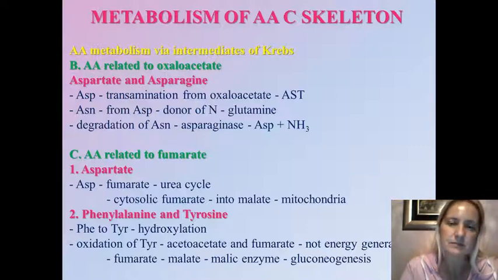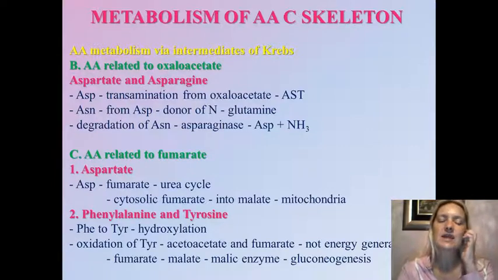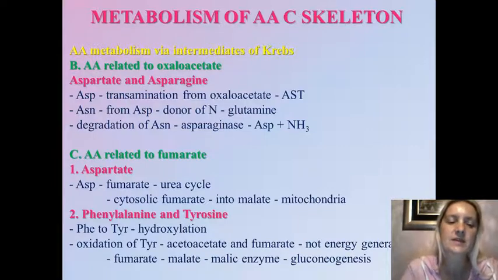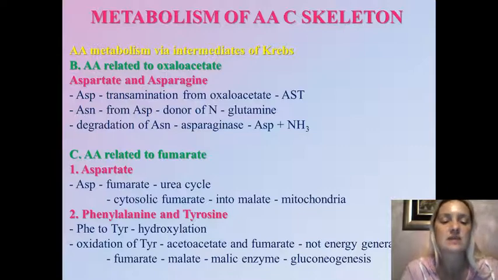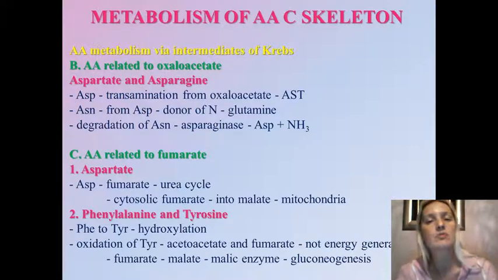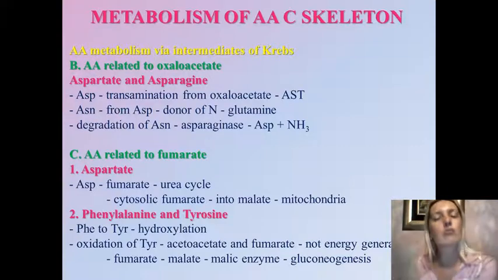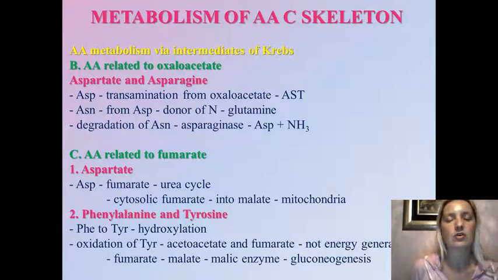formed. Amino acids which are related to fumarate from the Krebs cycle, those are aspartate again, because aspartate can form fumarate in the urea cycle, if you can see, and that is the formation of cytosolic fumarate. So this fumarate has to be converted to malate in order to be brought from cytosol to mitochondria, where it can enter the Krebs cycle and regenerate aspartate and so on.